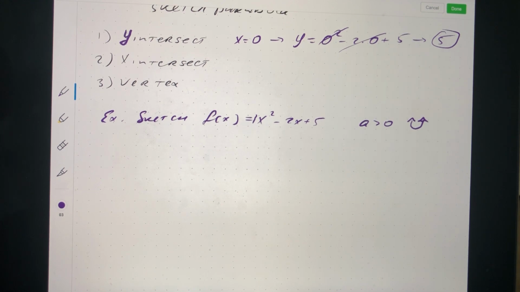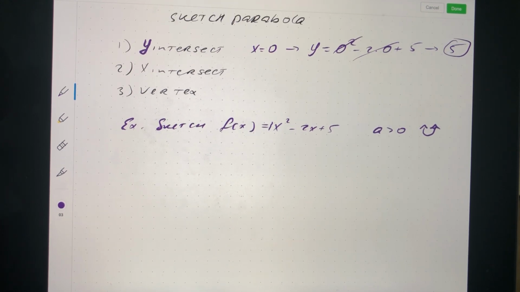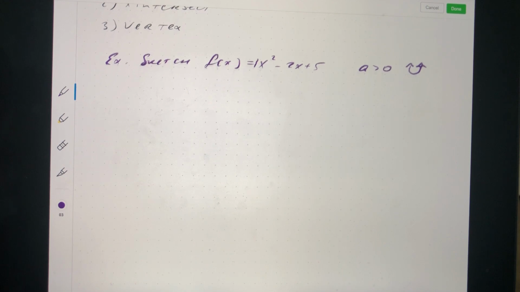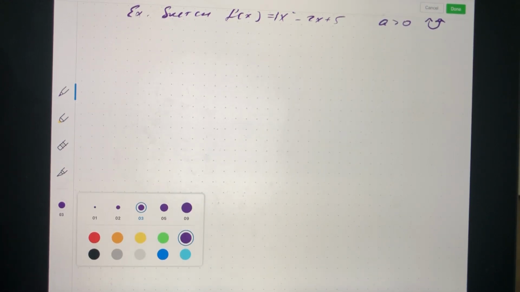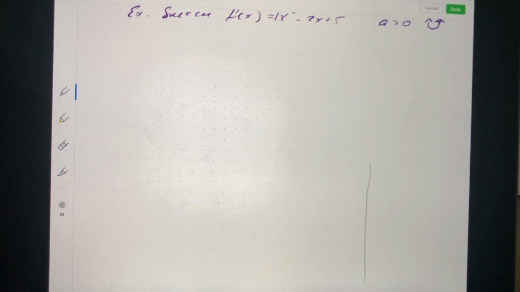And let's collect our information on the grid. So here are the coordinate axes, the y-axis, the x-axis, and we know that the y-intercept is going to be 5, so we count 1, 2, 3, 4, 5. 5 is somewhere here.